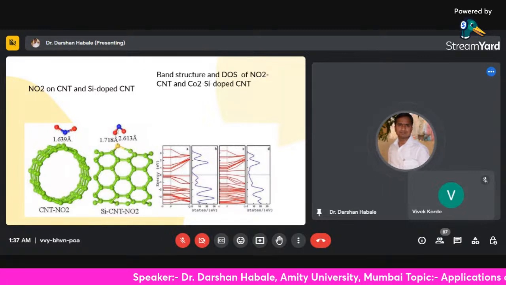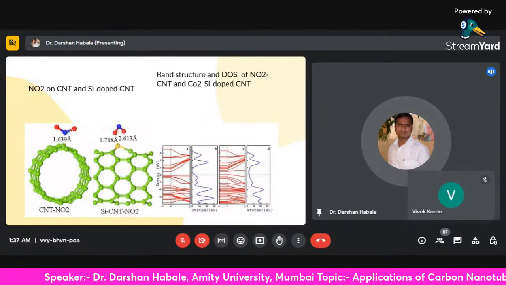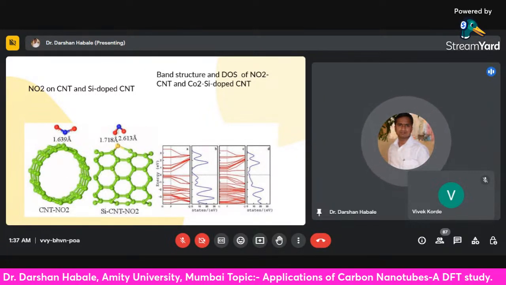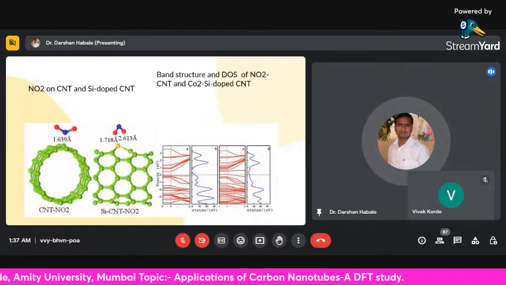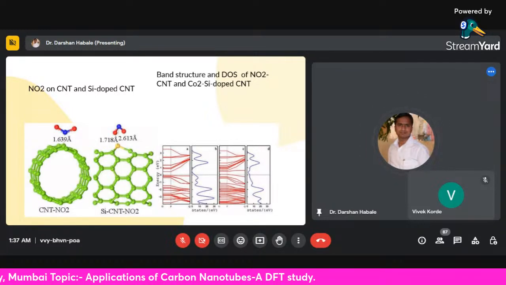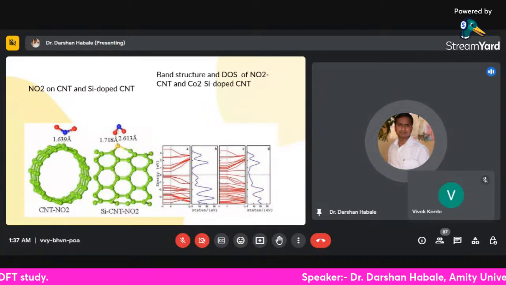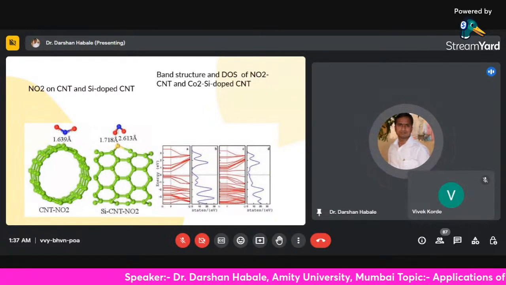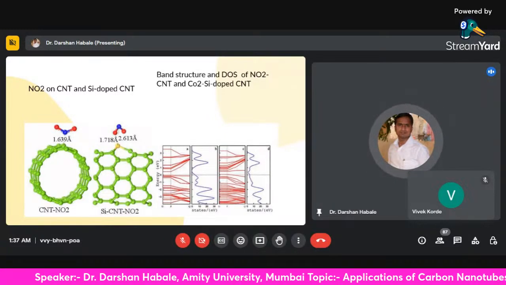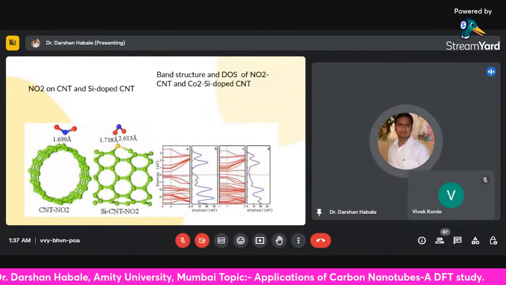So in this case, there is chemisorption of the NO2 molecule, and it occurs due to the hybridization between silicon 3p and oxygen 2p. So this phenomenon is completely different. The binding energy is 2.63, which is a little bit higher compared to the O2, CO2 or CO molecules.